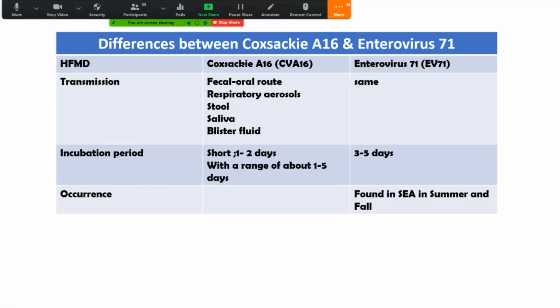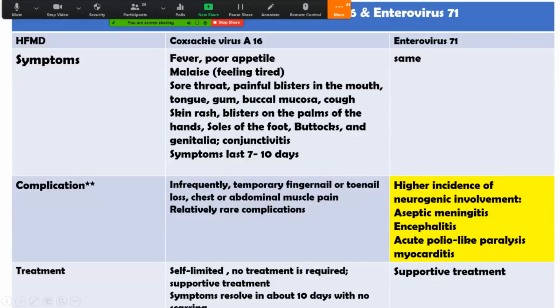It occurs most in Southeast Asia in summertime and in fall. What about the symptoms? The children who get the disease present with fever, poor appetite and feeling tired.